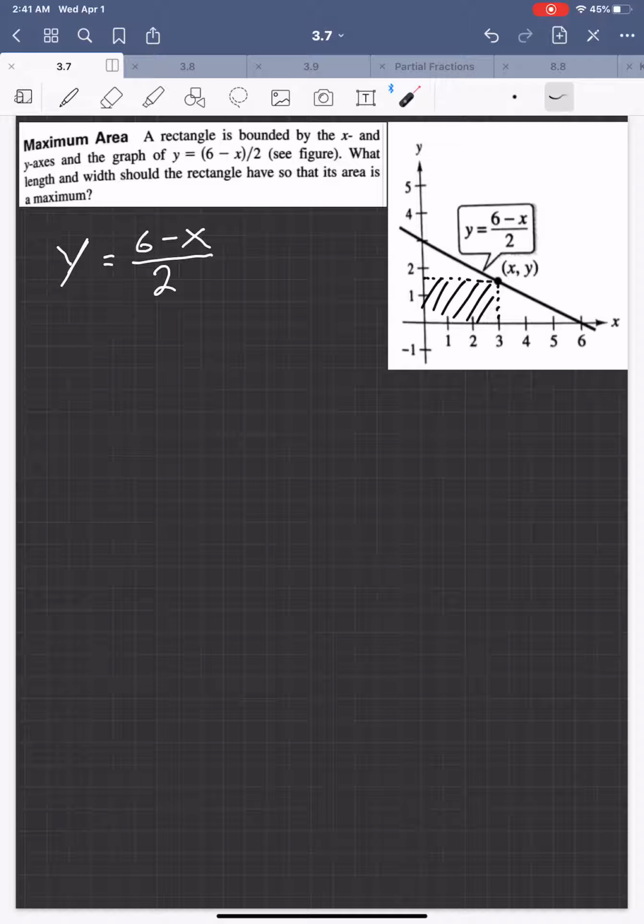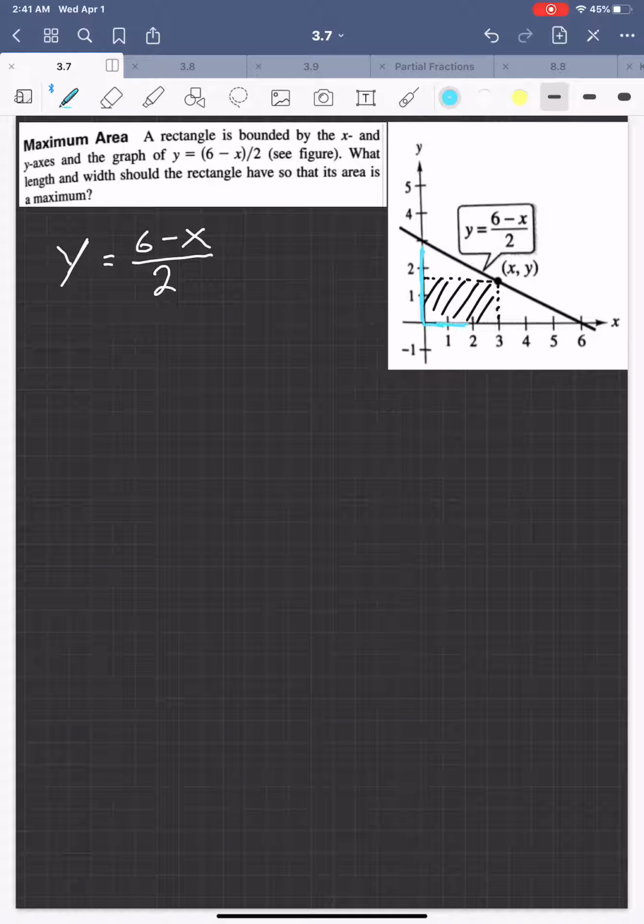Now, it's also bounded by the x and y axis and the graph of 6 minus x over 2. Now 6 minus x over 2 is just a line. And what you can see is that you have this line running as follows.